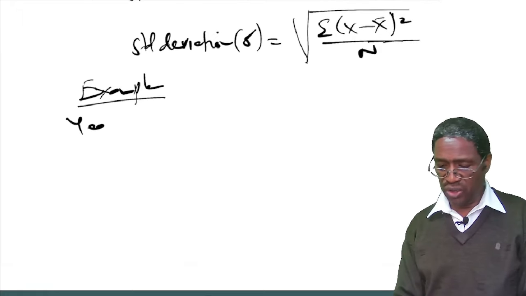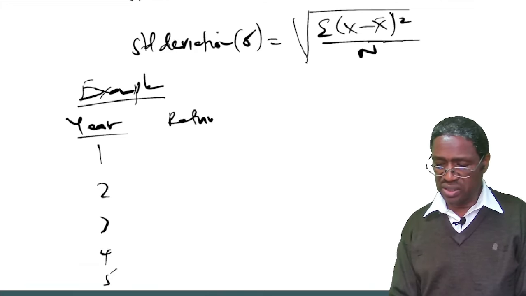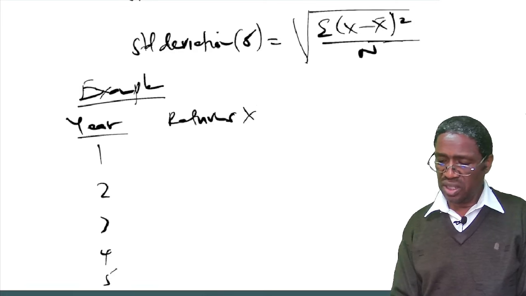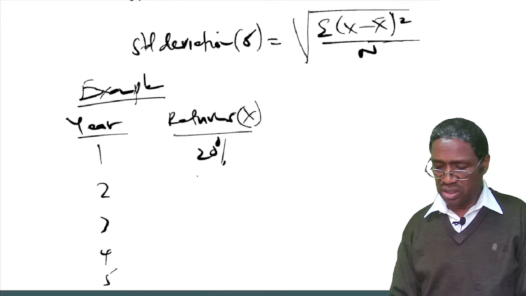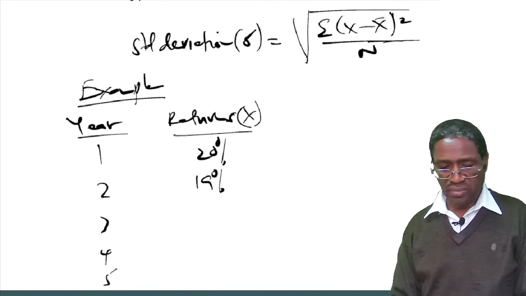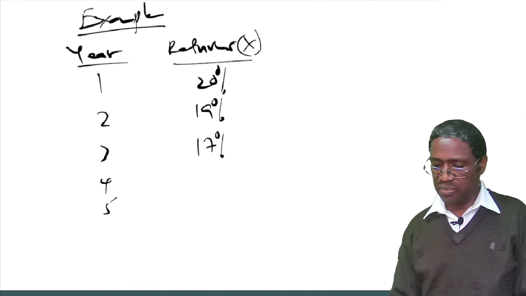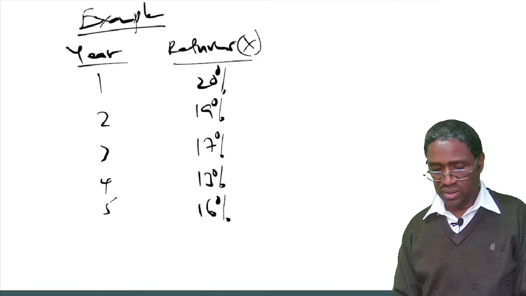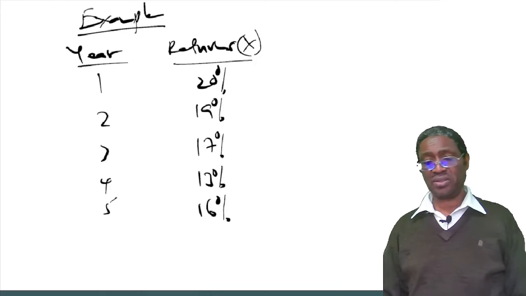Have a column for year 1, year 2, year 3, year 4, and year 5. Then you have returns, let's call it X. This is 20%, this is 19%, 17%, 13%, and 16%. Those are the returns over a period of 5 years.